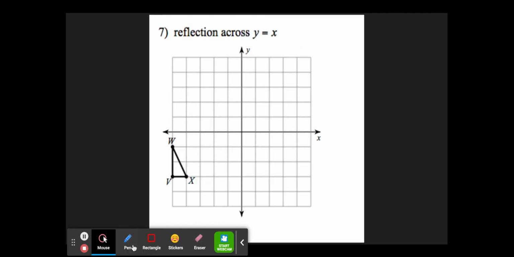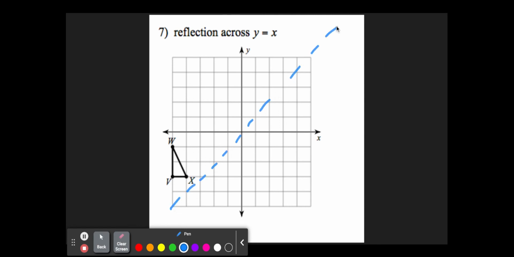And then we got the diagonals, y equals x, so I gotta flip-flop everything. So if I'm gonna go over this, and this point is negative 5, negative 3, now I'm gonna be at negative 3, negative 5. I'm gonna be right here.